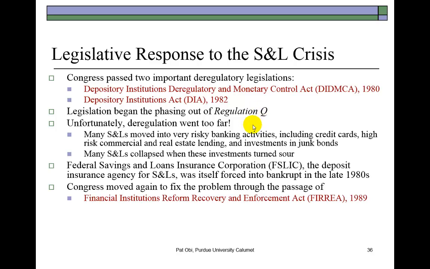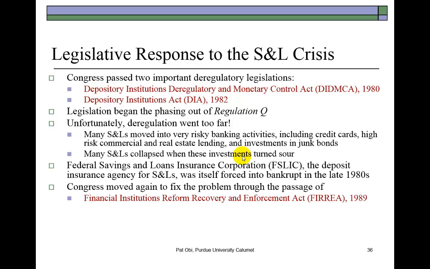Many of these S&Ls were buoyed to move into investing in very risky banking activities, including credit cards, high risk commercial and real estate loans and stuff like that, and especially in junk bonds, of which Ivan Boesky on Wall Street at the time in the 80s was notorious for. Quite infamous, I might add. So many S&Ls collapsed when these investments turned sour. So as you can see, they went on a seesaw.